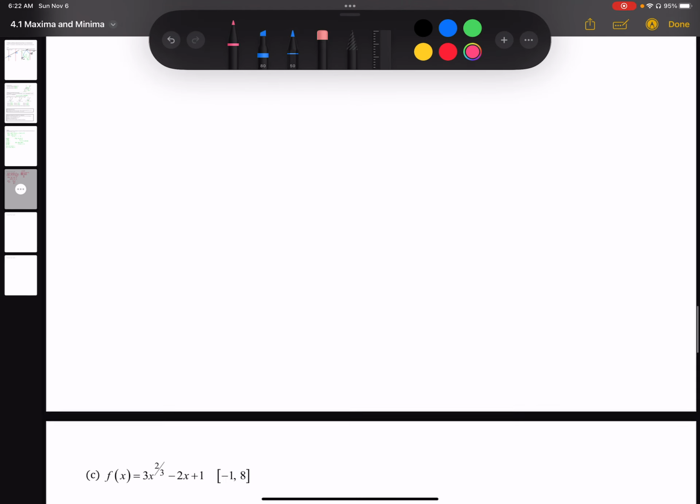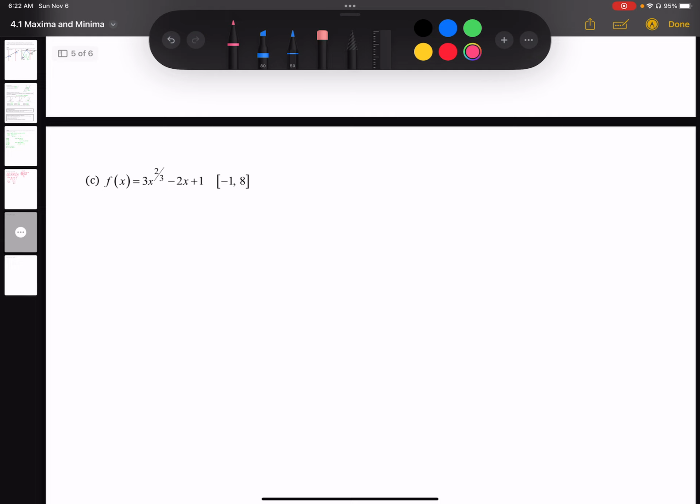For part C, we get into a rational function. Still, the first thing I would do is evaluate the function at the endpoints.